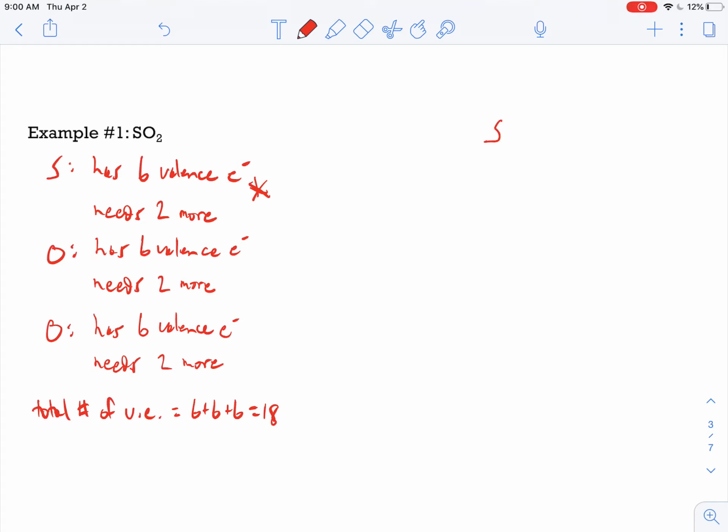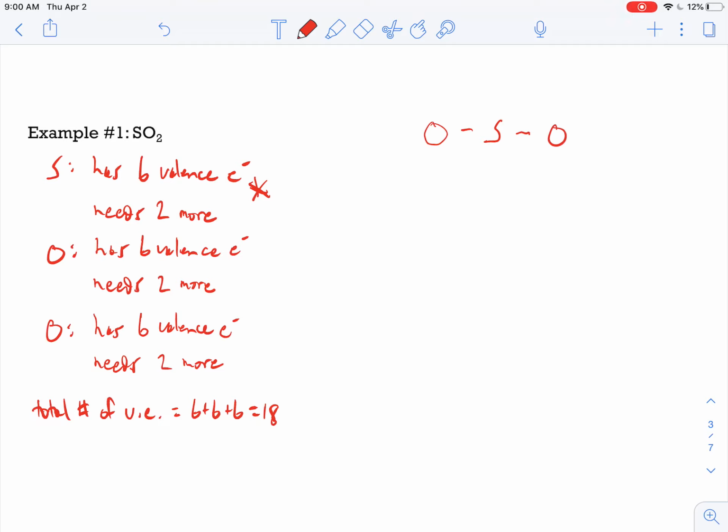So first thing I'm going to do is put sulfur in the middle, and then using single bonds connect oxygen to the outside. So right now what we've done is we've used up 4 total electrons, right? Each single bond represents 2 electrons. So you use 4 of the 18. Now I'm going to fill in the rest of my lone pairs with the remaining 14 electrons we have.